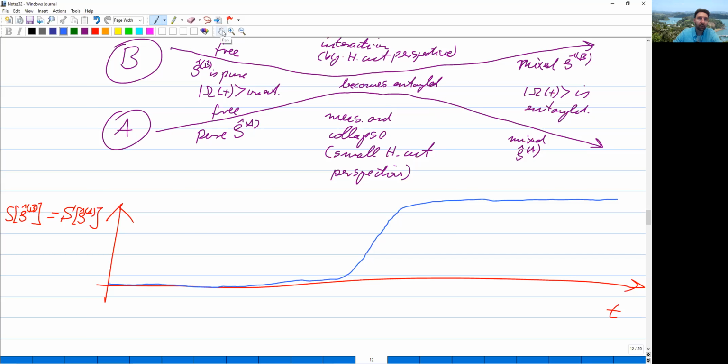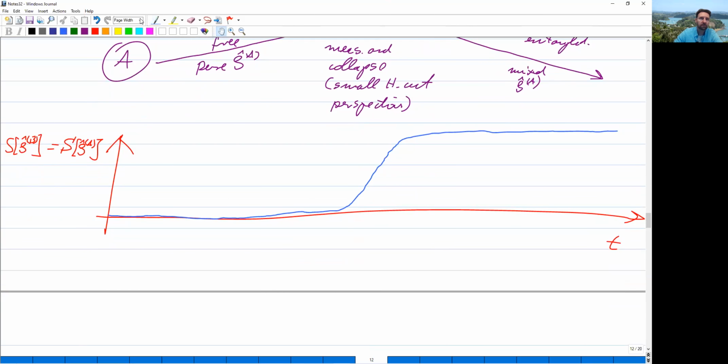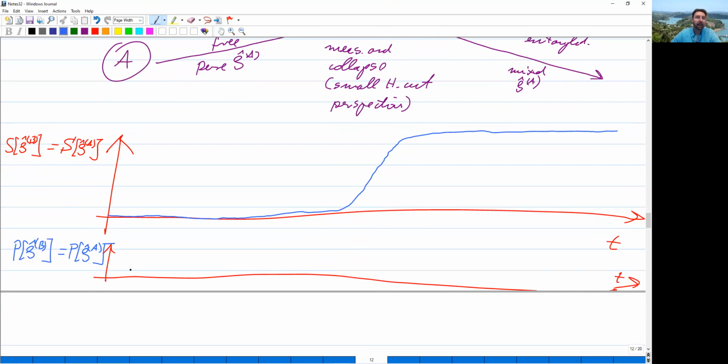Similarly, we can also plot the purity. Here is the time axis, and then what about the purity? Here we have the purity of rho hat A, which is the purity of rho hat B. And it starts out at 1, right?